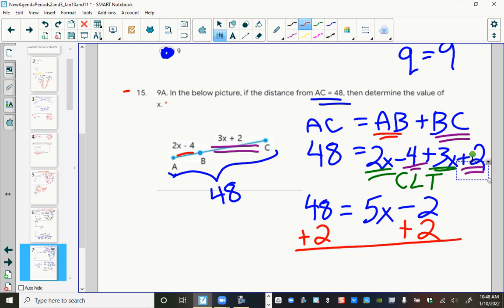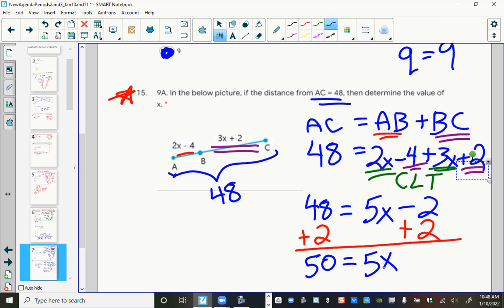Do beware of this one. And then from there, 48 plus 2 is, okay, I know how you got your 10. But that's all right. What did the 10 represent?